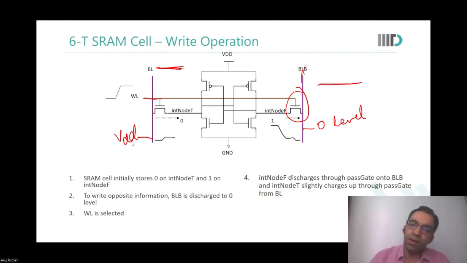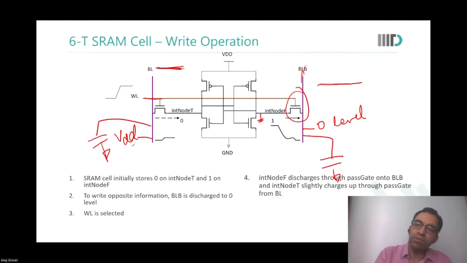Now, one thing is that this bit line is a very big capacitor. These bit lines are very big capacitors. The internal nodes are small ones. So these capacitors have a very strong role to play.